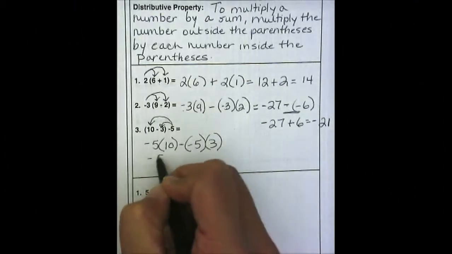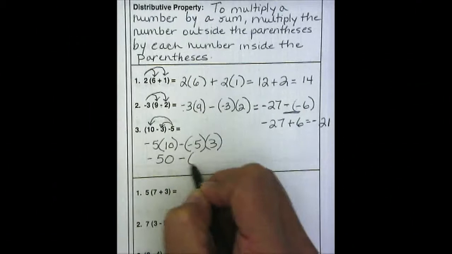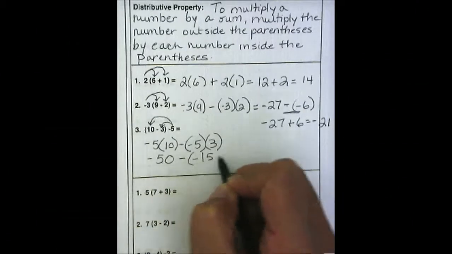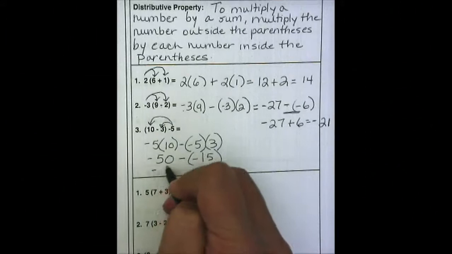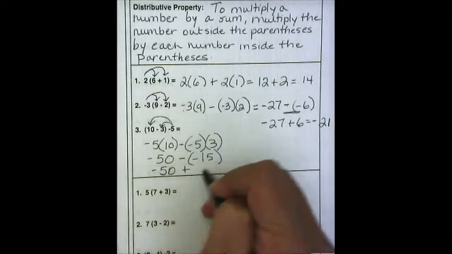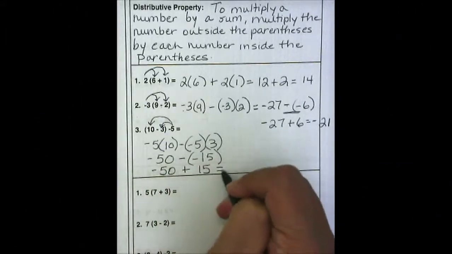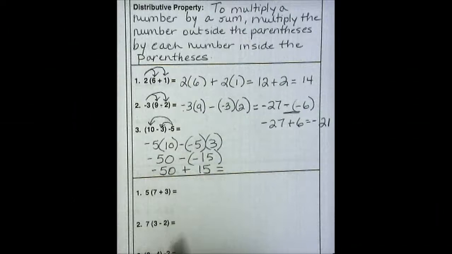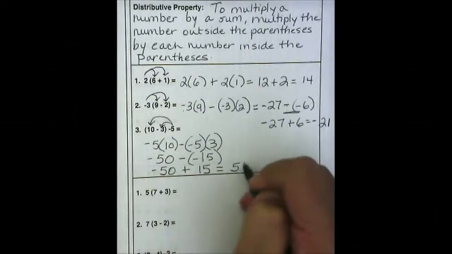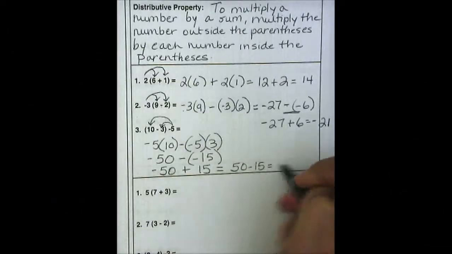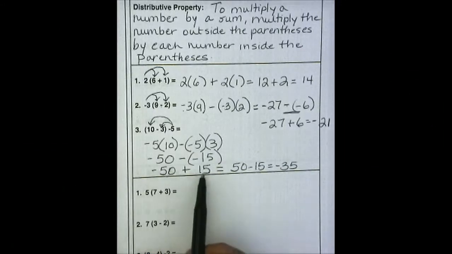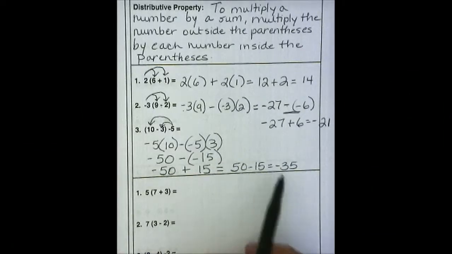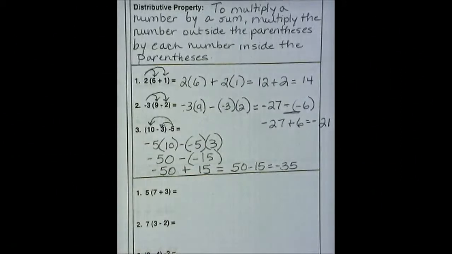So we get negative 50 minus negative 15. Same opposite opposite tells us that we're going to have negative 50 plus positive 15, and because I can't add those two, I have to subtract them. So 50 minus 15 equals 35, and we're going to make it negative because we had more negative numbers. We had negative 50, and we only had a positive 15, so our answer is going to be negative 35.